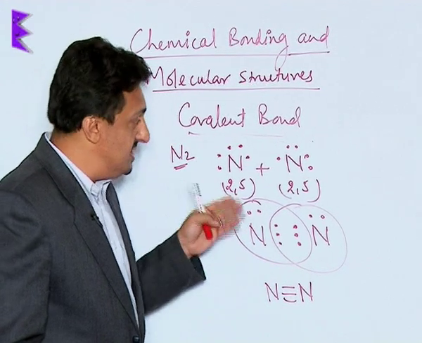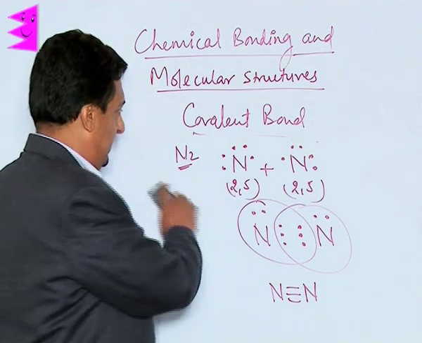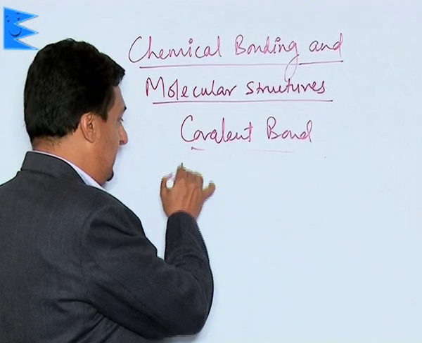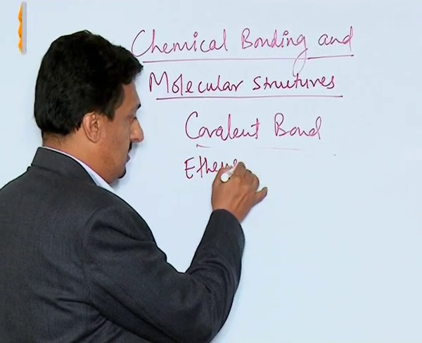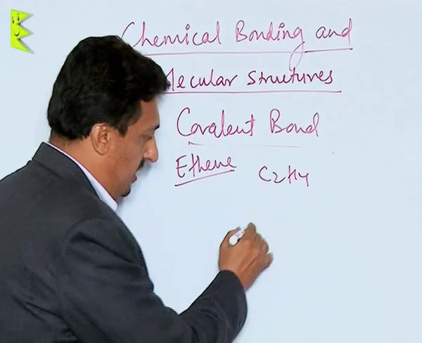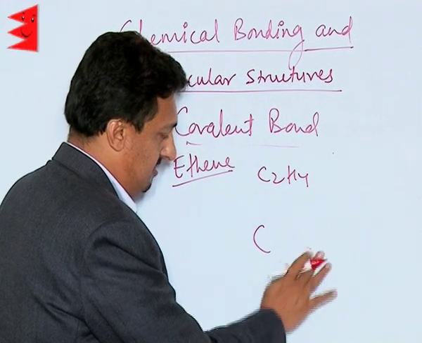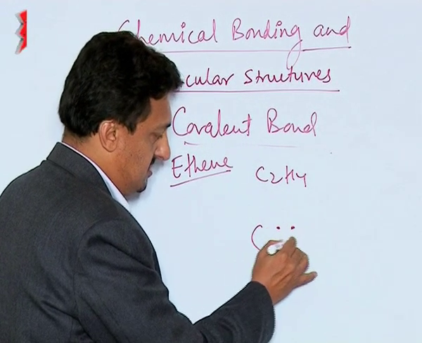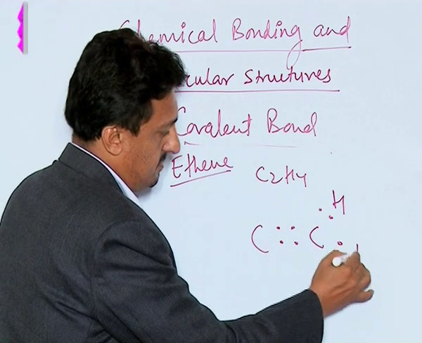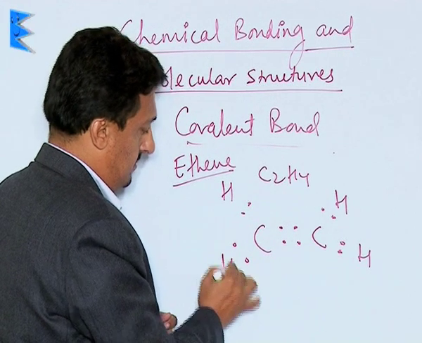We can also have these types of multiple bonds in some bigger molecules. Like, I can give you an example of the ethene molecule. In ethene, the formula is C2H4. What we find is we have a structure like this. Let me draw the Lewis dot structure first.